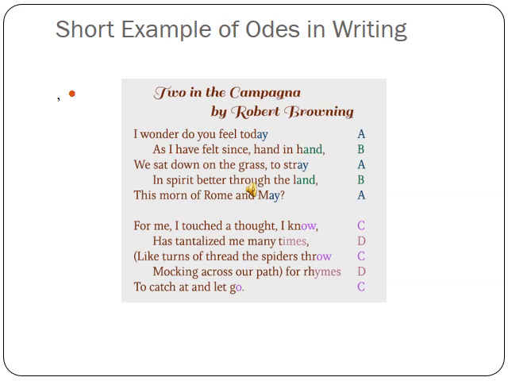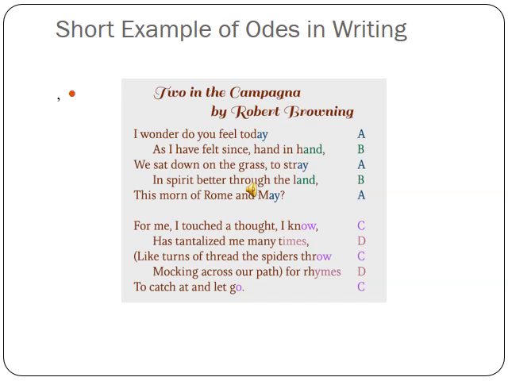So this is the poem in front of you. Let's start reading. I couldn't sing, of course. I wonder, do you feel today as I feel since hand in hand we sat down on the grass to stream, separated through the land. This morning from a May. For me, I touch it through, I know.